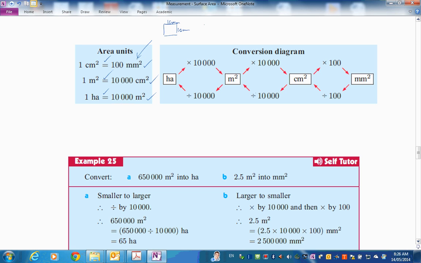So that's actually 10 by 10, 100 square millimetres, not 10. So although there are 10 millimetres in a centimetre, because it's area, it's length times breadth, and it becomes 100. So just watch that.